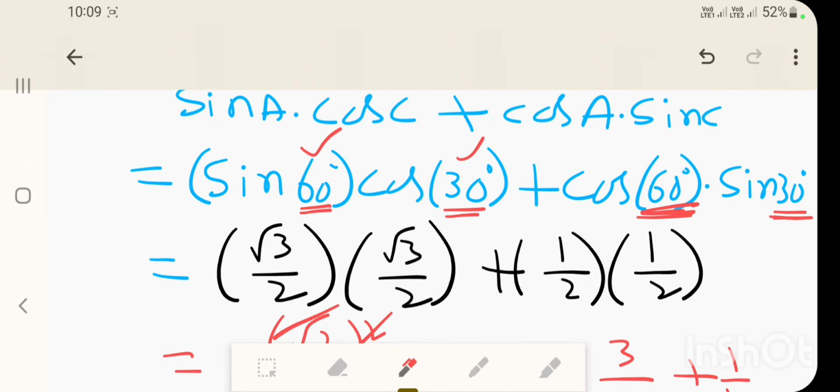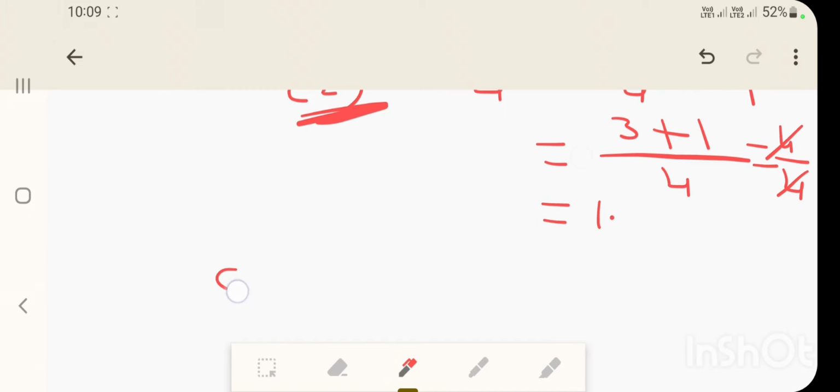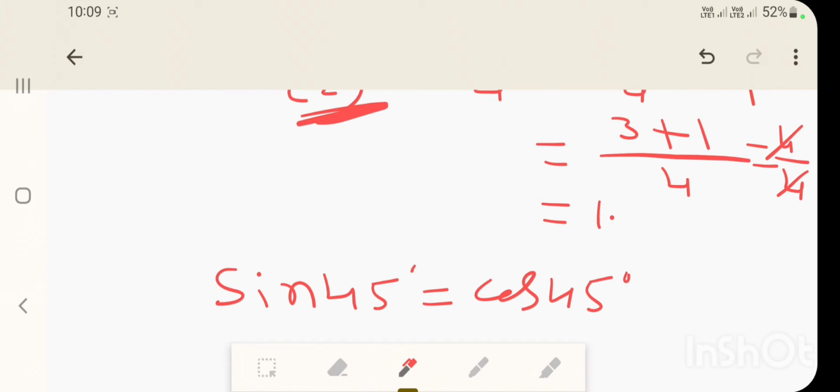Okay. So as I said here, 60 plus 30 is 90. So sin 60 is the same as cos 30. Cos 60 and sin 30, 60 plus 30 is 90, they are the same. Similarly, we have sin 45 equal to cos 45, because the sum of these two is how much? 45 plus 45, 90 degrees. Like this you can remember.